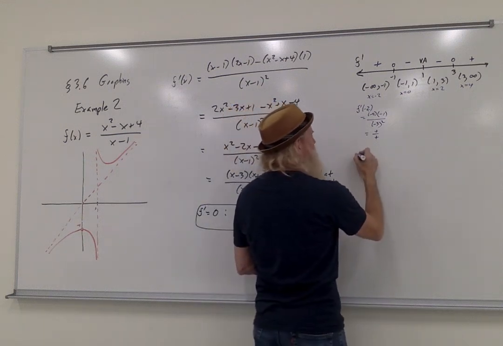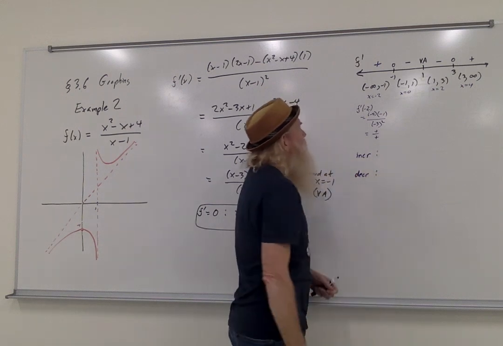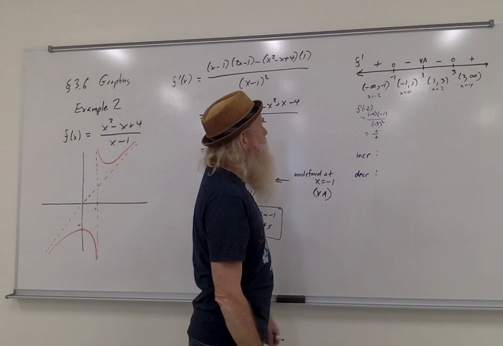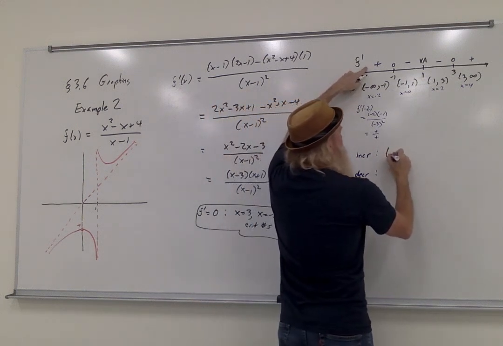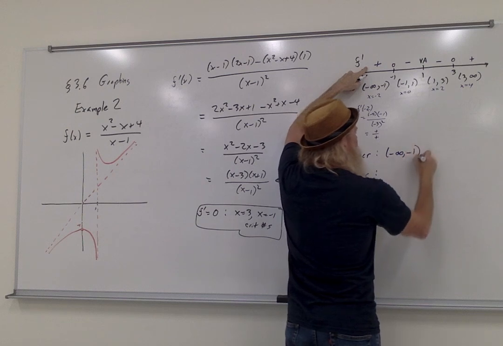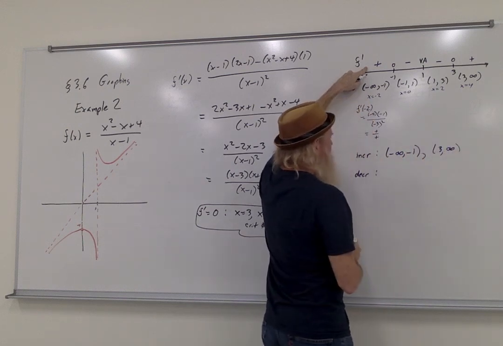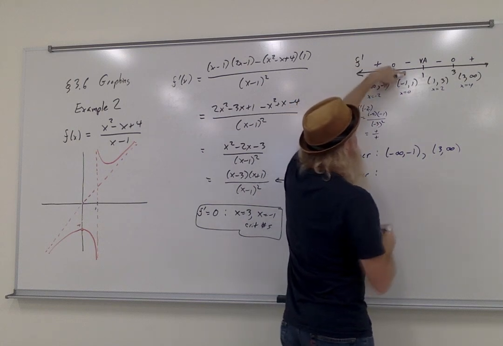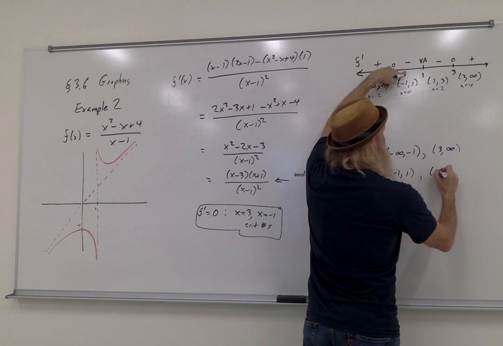So when we talk about increasing and decreasing, the function f is going to be increasing on the intervals where the derivative is positive. So increasing from negative infinity to negative 1, and also from 3 to infinity, and decreasing from negative 1 to 1, and also from 1 to 3.